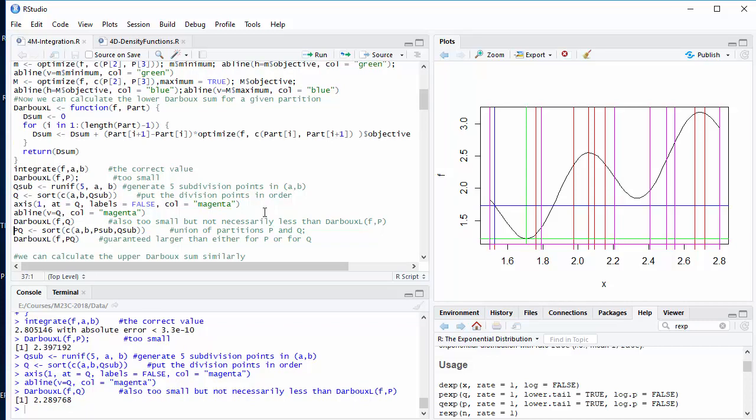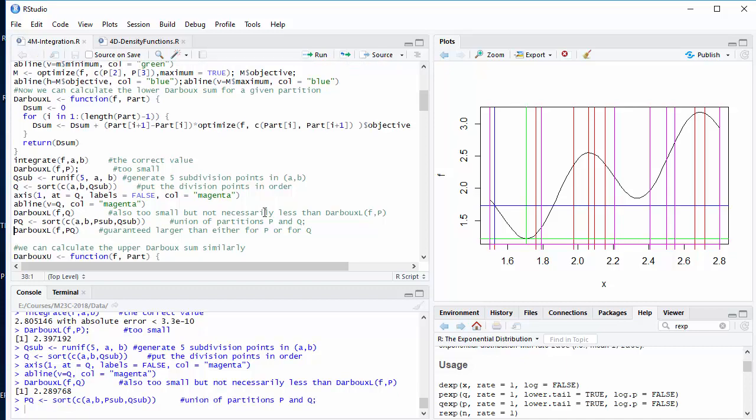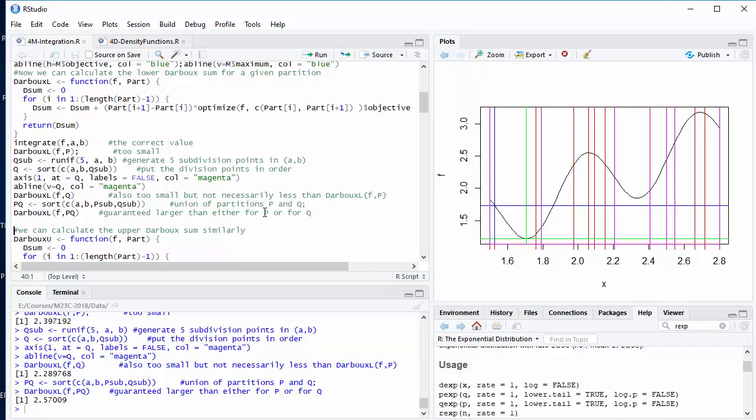Sometimes when I run this, it's less than the value when I had more subdivision points. Sometimes it's bigger. Just having lots of subdivision points does not necessarily guarantee you're getting closer and closer to the correct value. But, and this is the key theorem about Darboux integrals, if I take the union of the two partitions using all the subdivision points, that gives me a value of 2.57. That's larger than what I got for the lower Darboux sum for either P or Q.